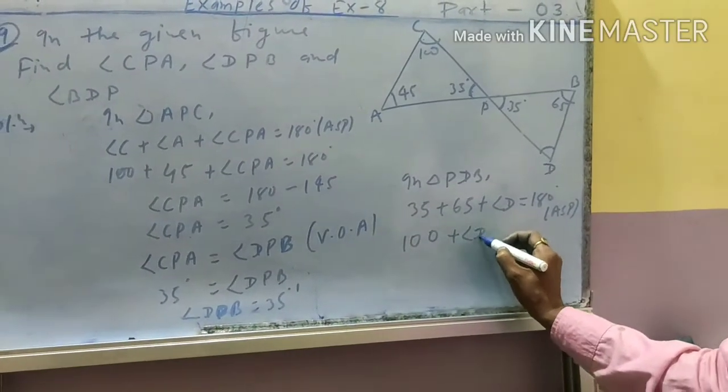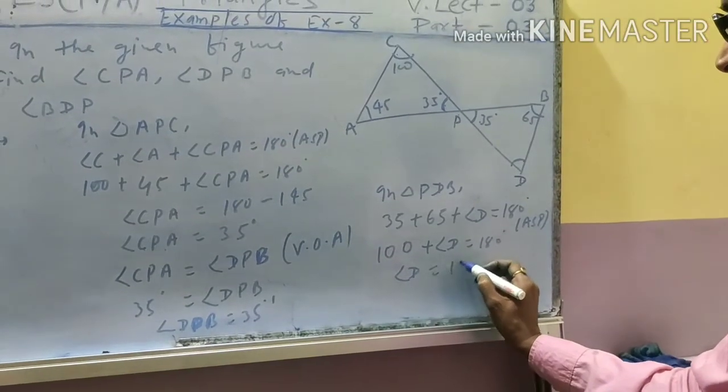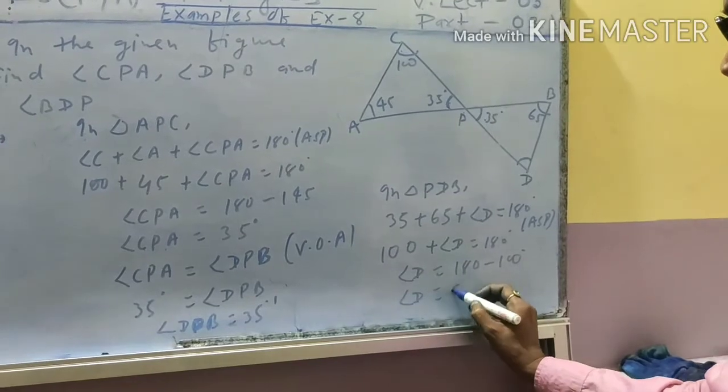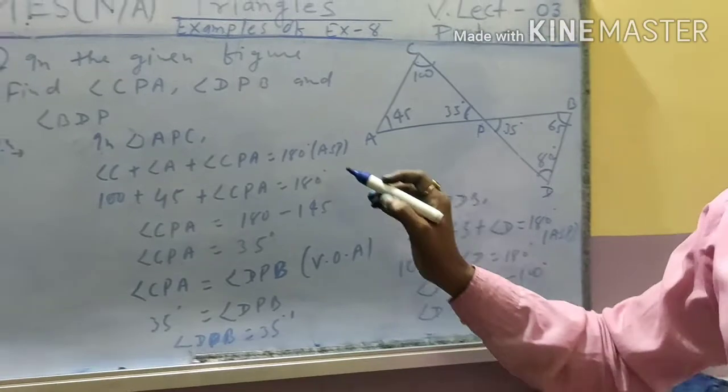So we can write angle D is equal to 180 minus 100. So angle D is equal to 80 degrees. So here student, this angle is 80 degrees.